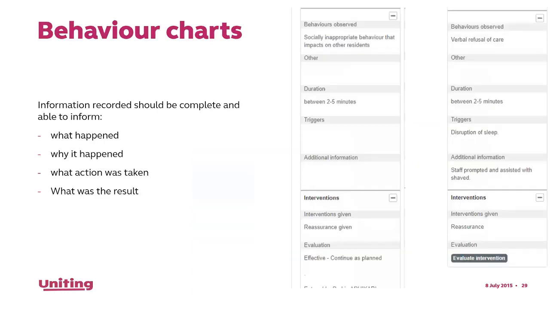The behaviour charts haven't changed. We're just taking this opportunity to reinforce the importance of adding complete information in there. So the information that's recorded should inform what happened, why it happened, what action was taken, and what the result of that action was.